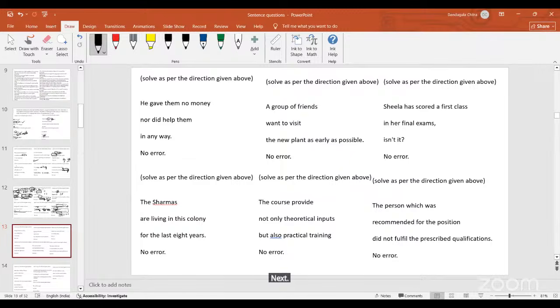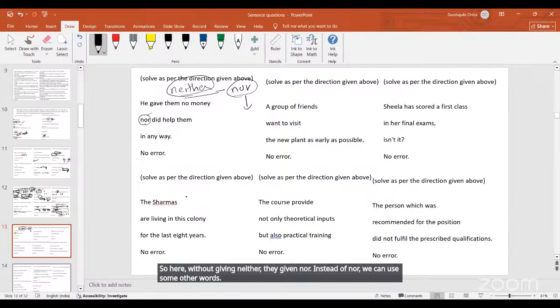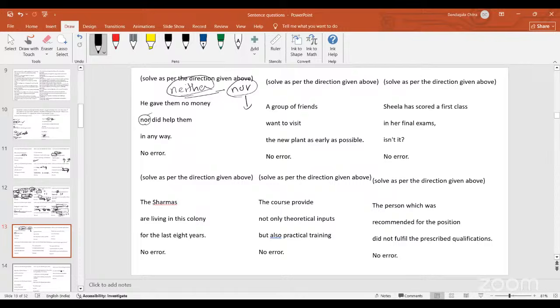Next. He gave them no money, nor did help them in any way. Here, nor is there, nor related word is neither. Yes. Neither nor should be there. So here, without giving neither, they given nor. Instead of nor, we can use some other words. He gave them no money. Instead of nor, what we can use?